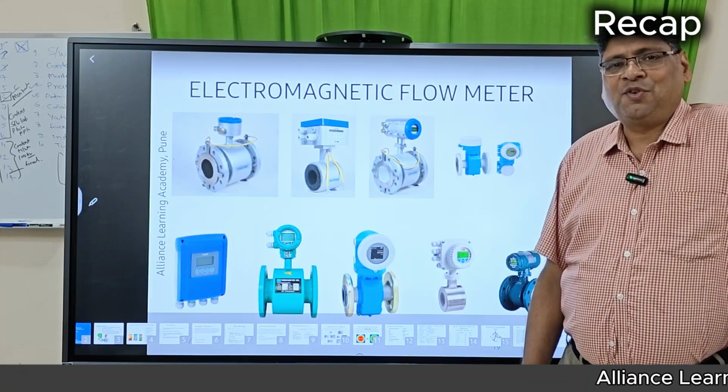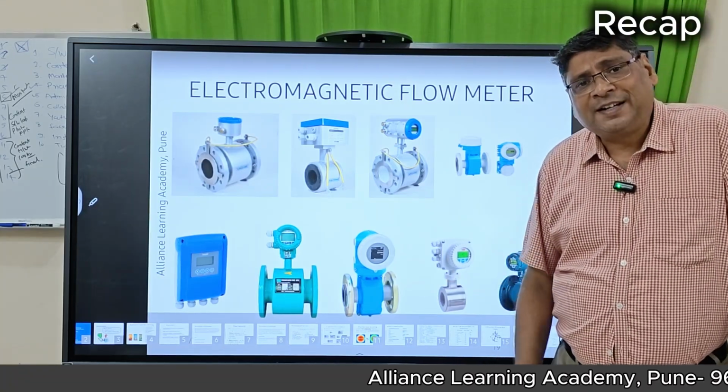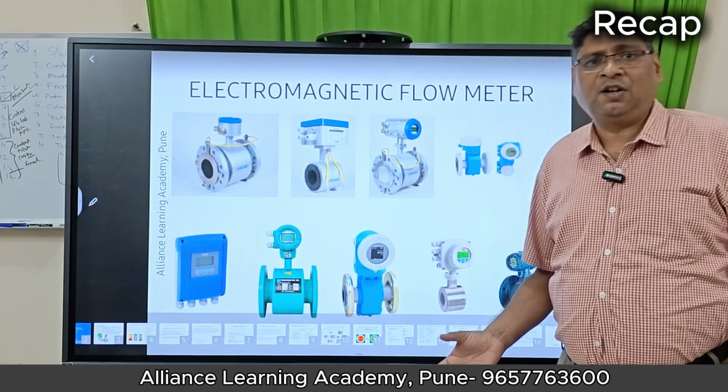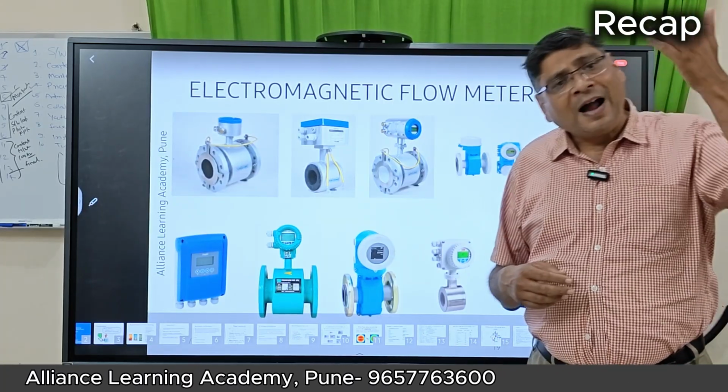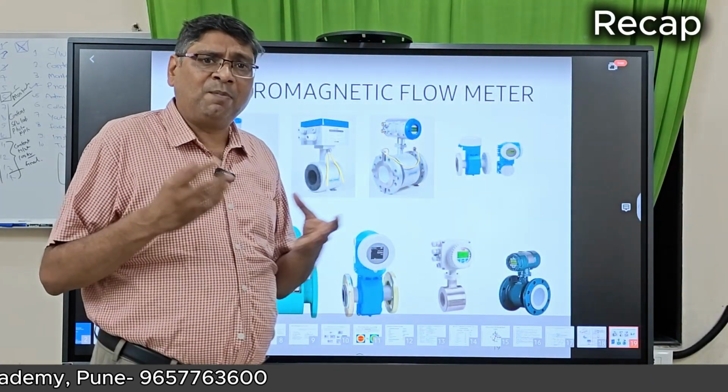Good evening, friends. Before we start today's session of industrial flow metering techniques, I will just tell you very briefly what we have studied till now. We have studied why we study flow meters, then different kinds of applications.